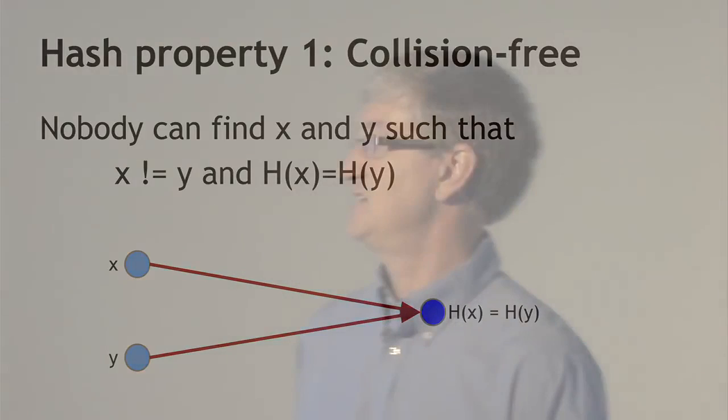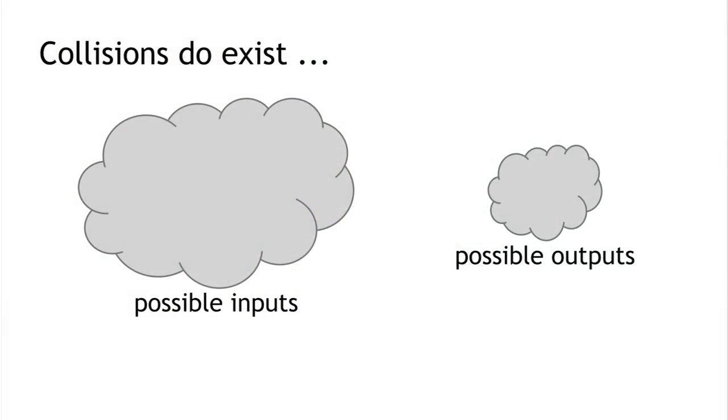Collisions do exist, and to understand why that is, we can use this diagram. Over here on the left, I'm depicting all of the possible inputs to this function, which can be a string of any size. And over here, I have all of the possible outputs, which has to be a string of 256 bits in size. So the right-hand side here, the outputs, there are only 2 to the 256 possibilities. Over here, there are more possibilities.